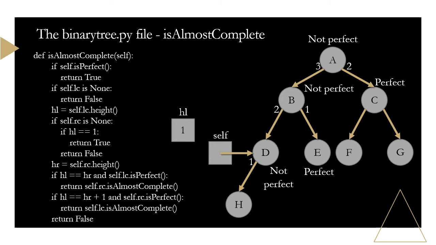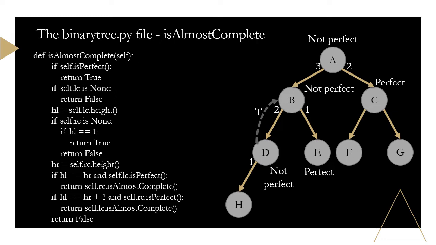Does D lack a right child? Yes. Move into the third if. Is HL equal to 1? Yes. Then you return true. So D returns true to B.